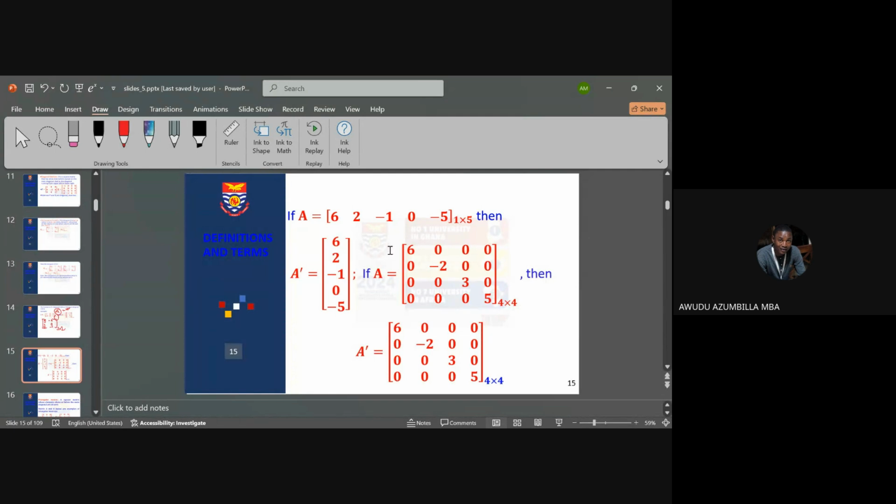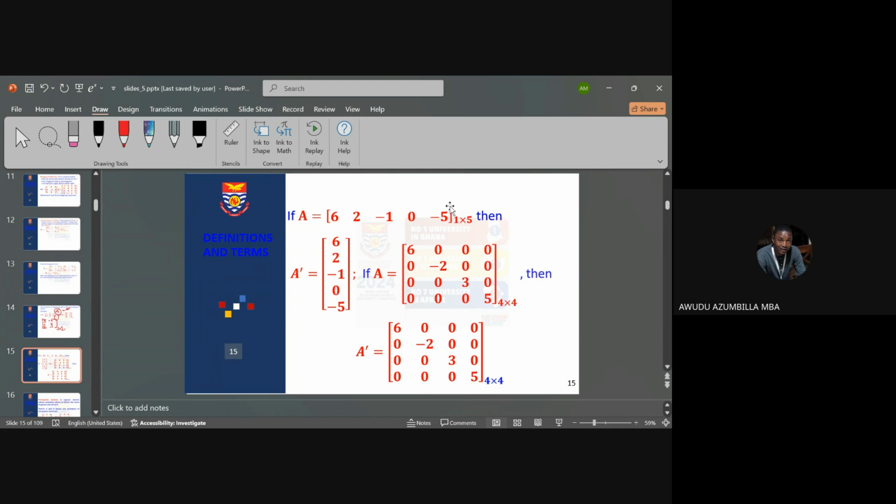It's the same thing that you have to do here. If you have a vector A, how many rows do we have here? We have only one row. And how many columns do we have? 1, 2, 3, 4, 5. 5 columns and one row.